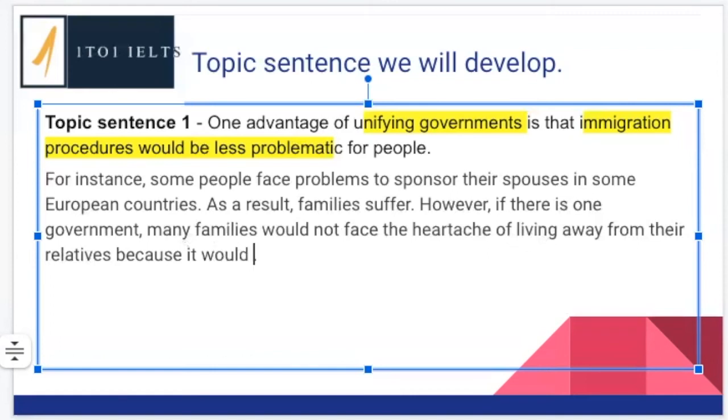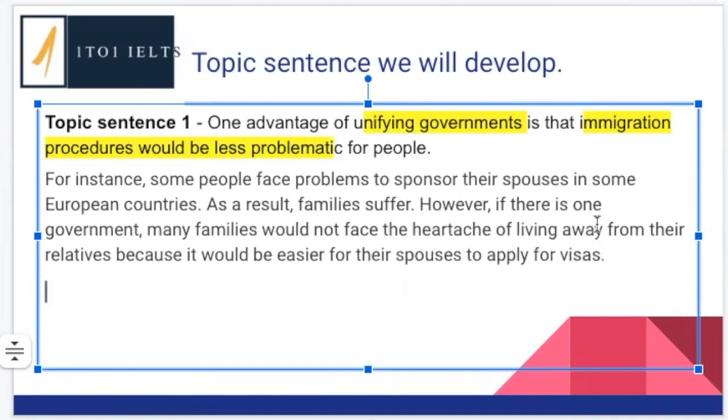Give you a hint. Yeah. It'd be easier for their spouses to apply for visas.